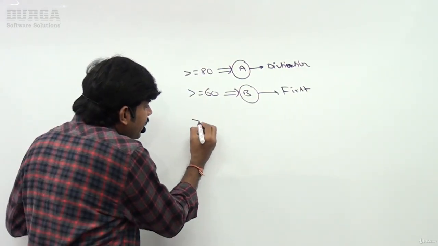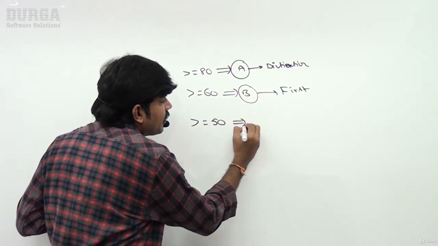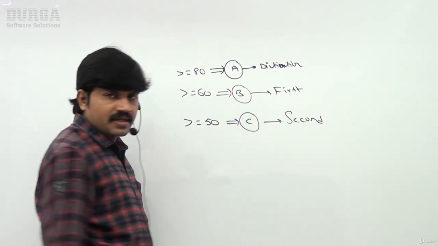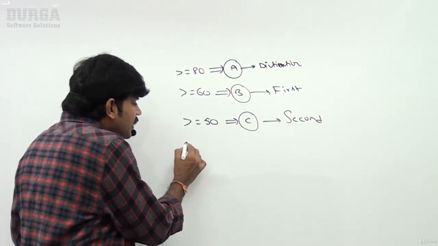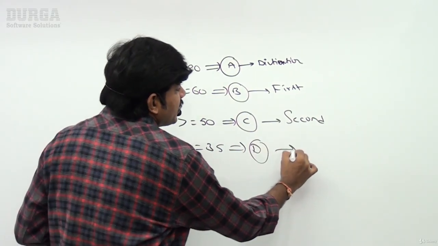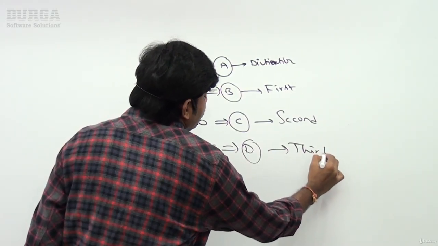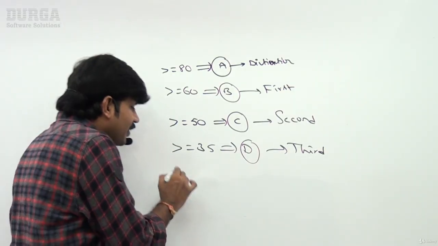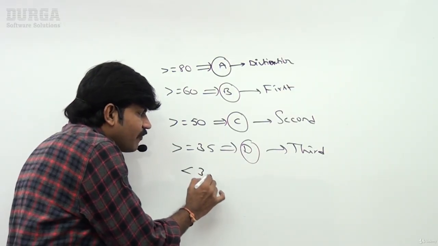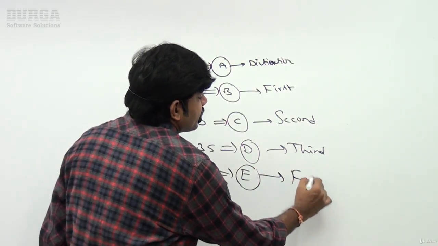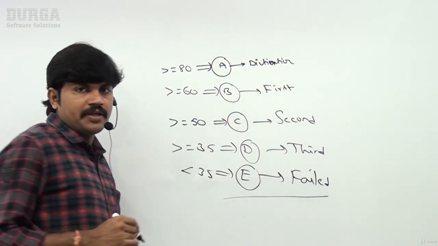If greater than or equal to 50, then C grade, second class. Next, greater than or equal to 35, D grade, third class. Otherwise, less than 35, then automatically E grade, a failed student.